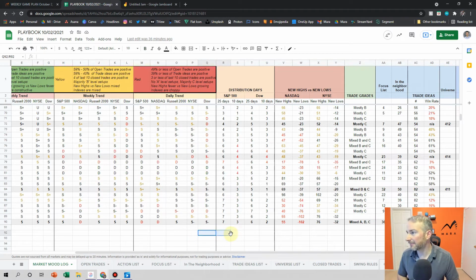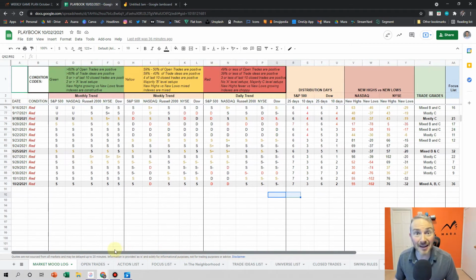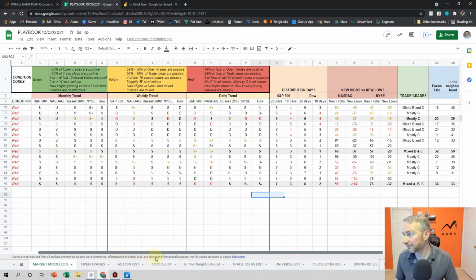Then over here, I'm also looking at the number of stocks making new highs versus new lows each and every day. And by the way, if you couldn't already tell, this spreadsheet is getting updated every single day. I update it right after the market closes, and I share my thoughts.